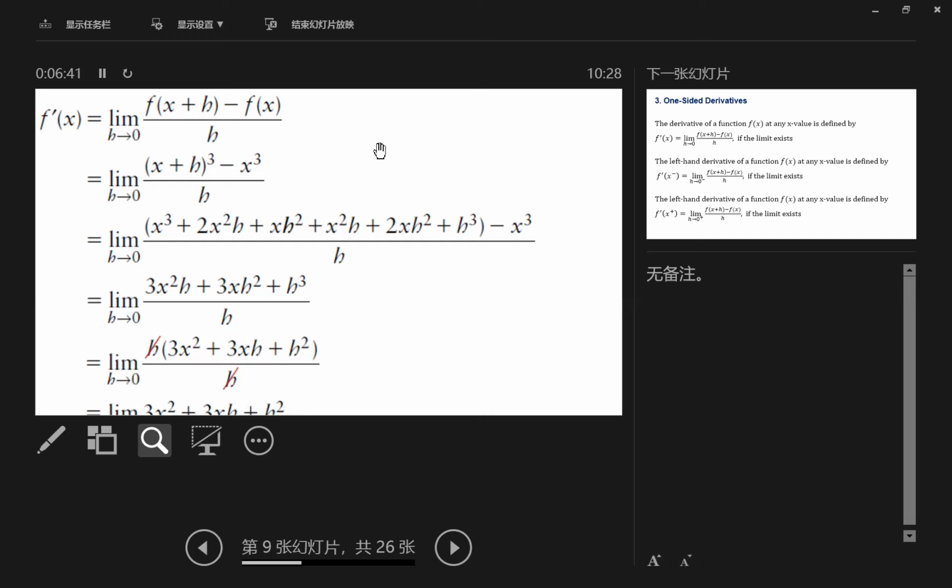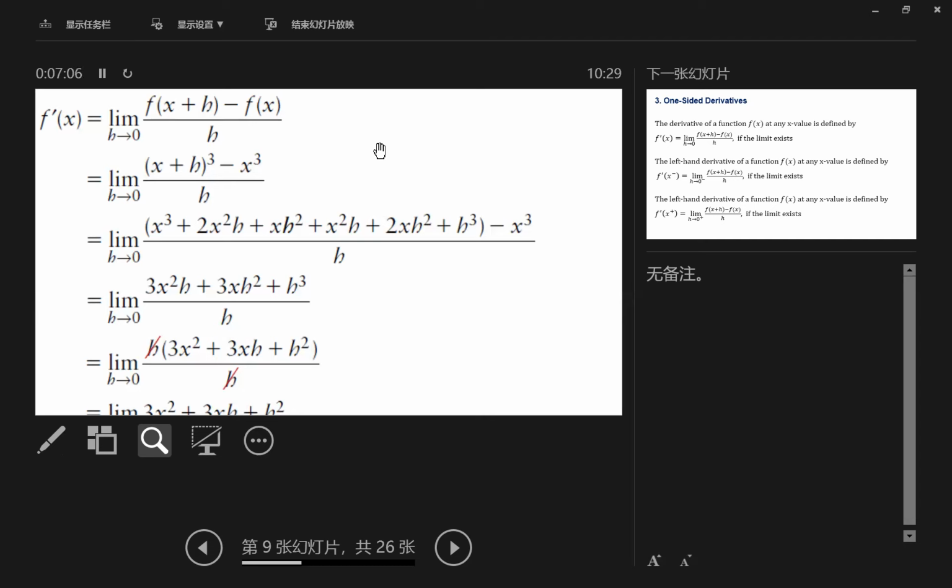Then expand (x+h) cubed to the very long expression here. Can you do that? We have already learned how to do this, right? If we expand that, you will get a very long expression. Then minus x cubed. Then x cubed cancels with each other. Then combine all the similar terms.